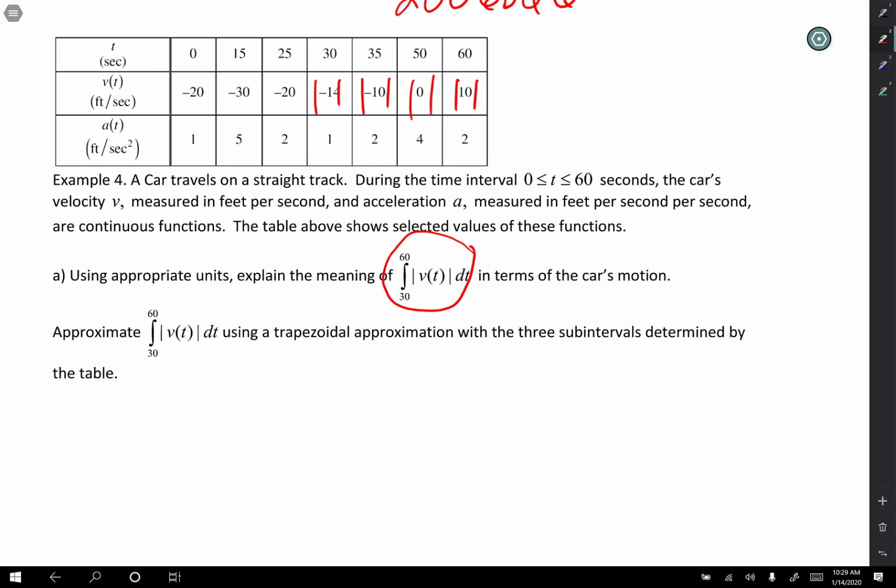That gives me feet. What did I just calculate? Does that make sense? So this just calculated distance traveled.